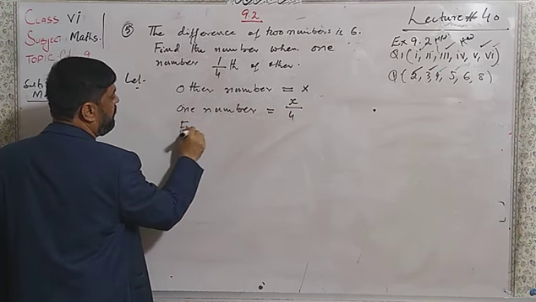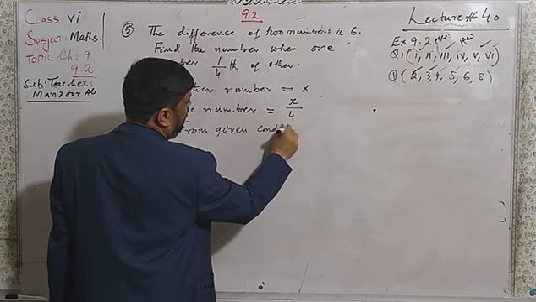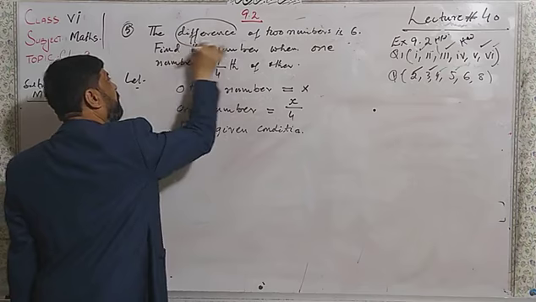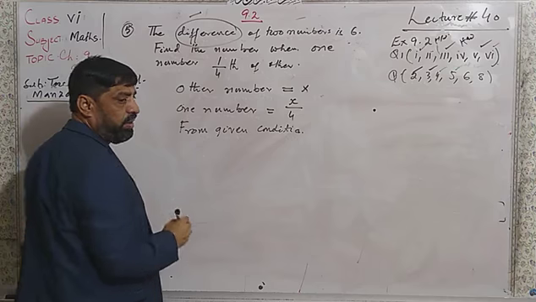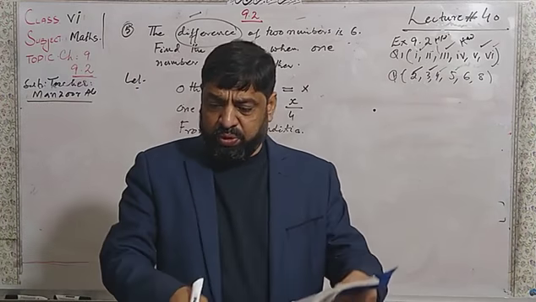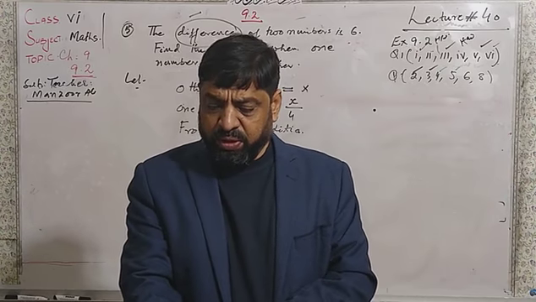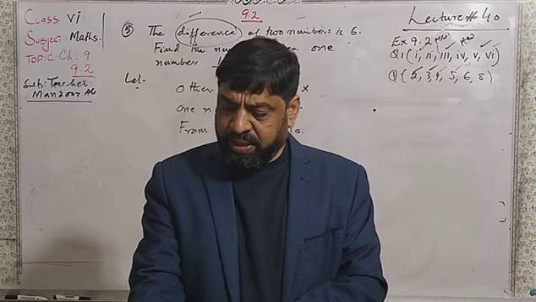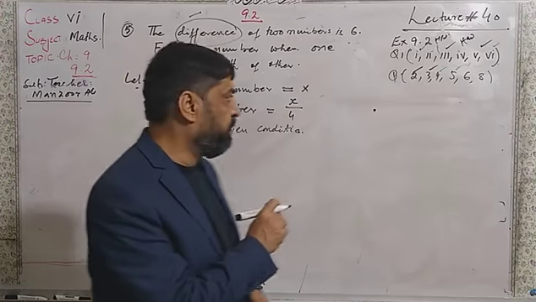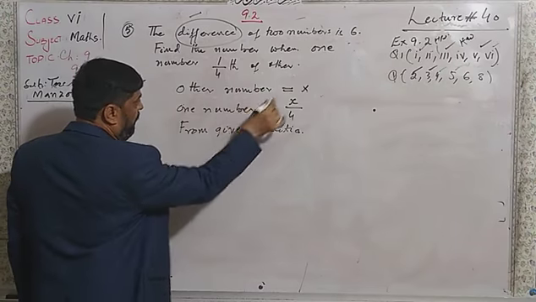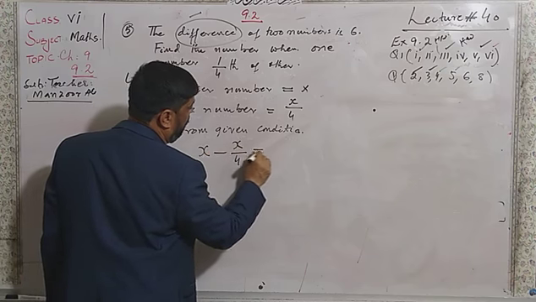Now from the given condition, the difference means minus. Here we have to find the difference of both, so you should be careful that it will be x minus x over 4 equal to 6.